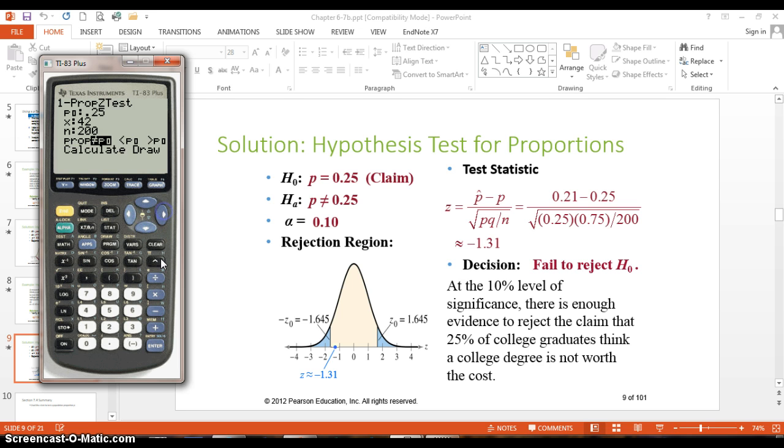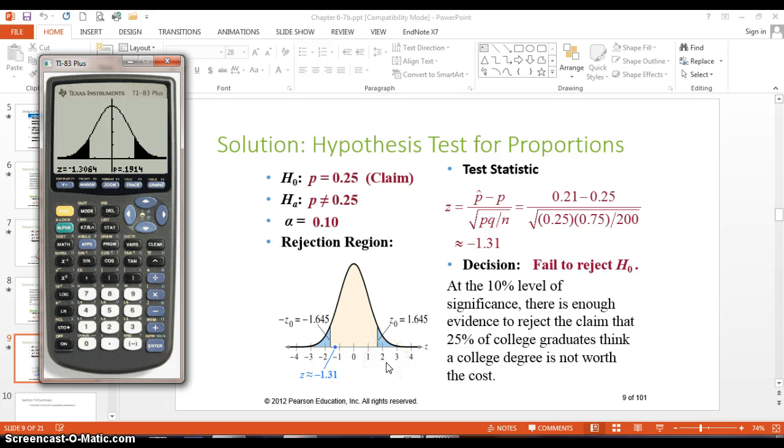Then go down to draw and hit enter. And we can see here our Z test statistic on the left, which is negative 1.31, and our p-value on the right is 0.1914. So the standardized test statistic clearly does not fall in the shaded rejection region here.